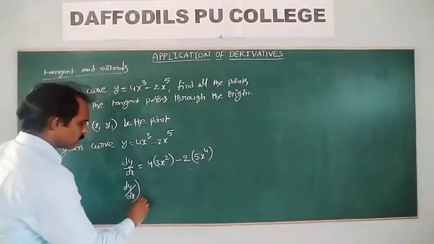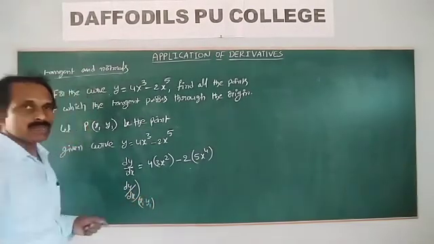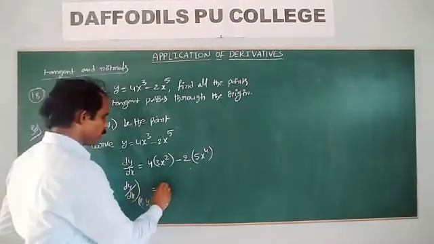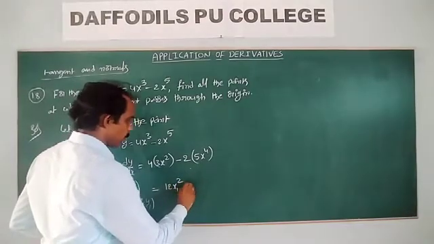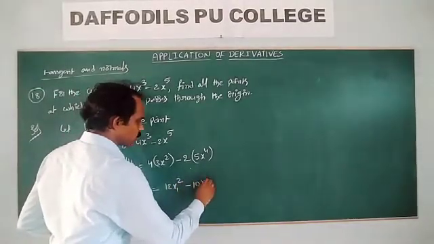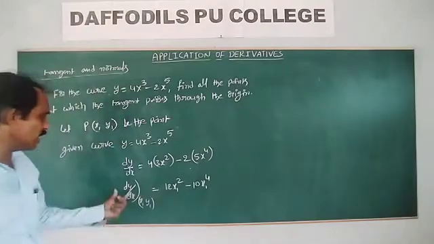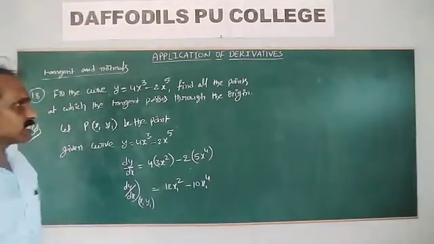At x1, y1, that implies 4 times 3 is 12 x1 square minus 10 x1 to the power 4. This is the slope of the tangent.